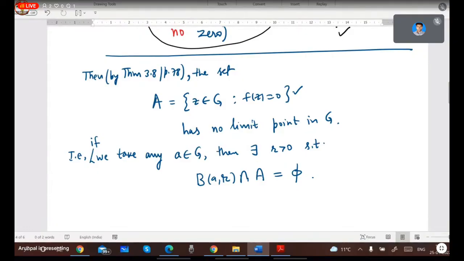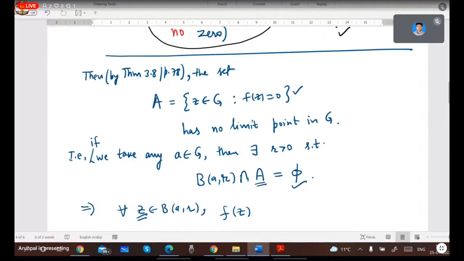It means what, class? This implies that for all z in the ball, what can you say about the values of f at these z's? None of these z's is in A, because the intersection is empty. Yes or no, class? Non-zero value.